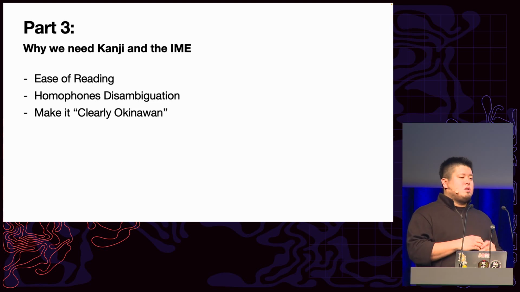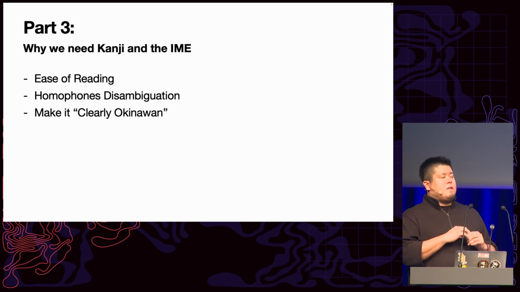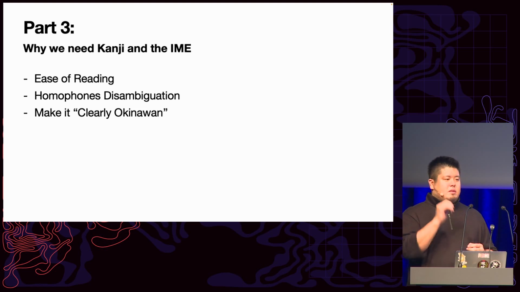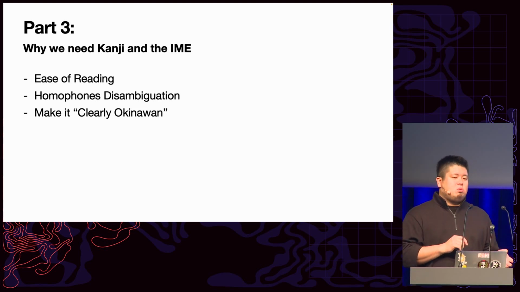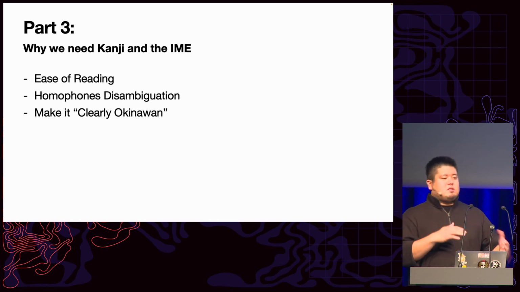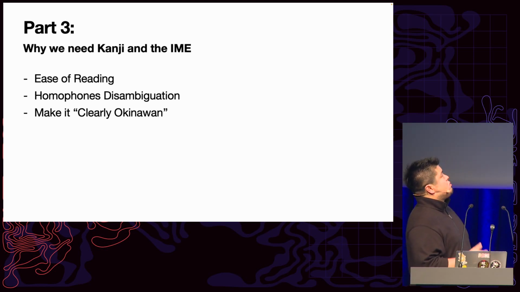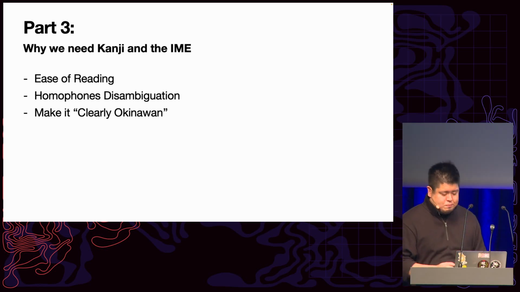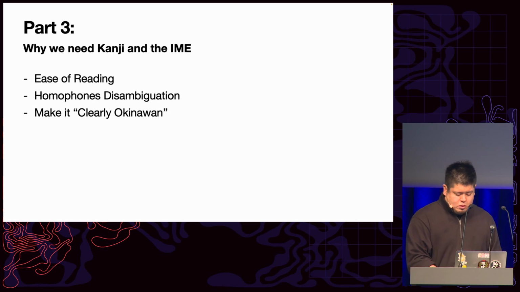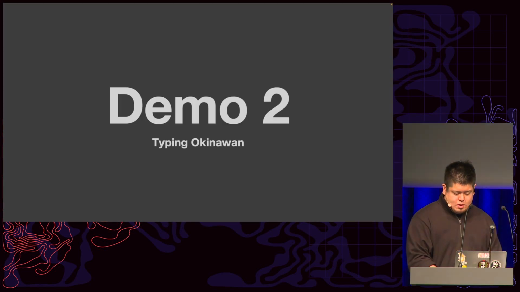So some of the words, for example, ya and ya, one with a glottal sound and one without, actually mean you and home. And these two words have completely different meanings, but they are not distinguishable using Japanese characters. So we wanted to create the IME for this one to make it clearly Okinawan. So I created that, and I'm going to demonstrate how that is done so far.